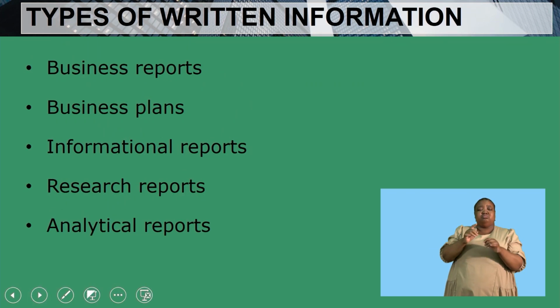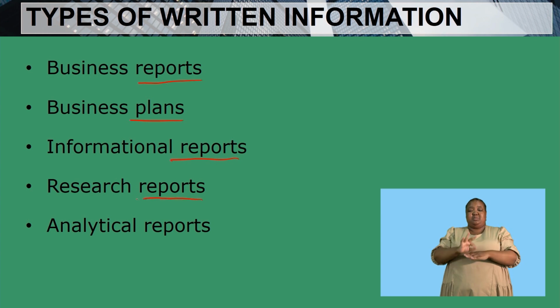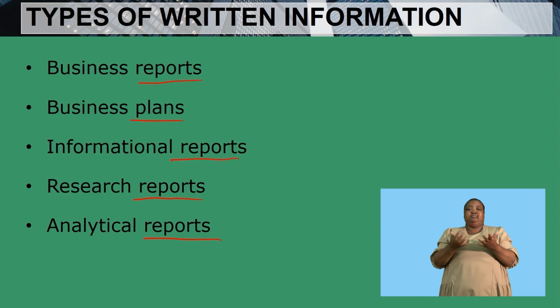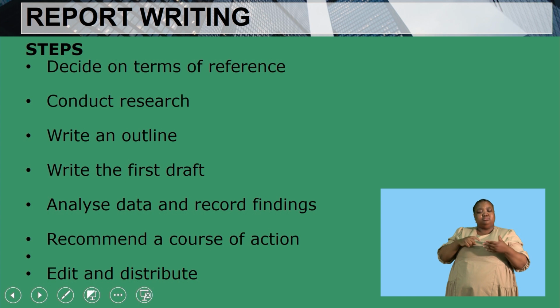Now let's look at the different types of written reports. We have a business report, a business plan, informational reports, research reports, and analytical reports. What I want you to remember here, grade 11s, is that you must familiarize yourself with each of these written reports so that you are able to identify them in the scenario.